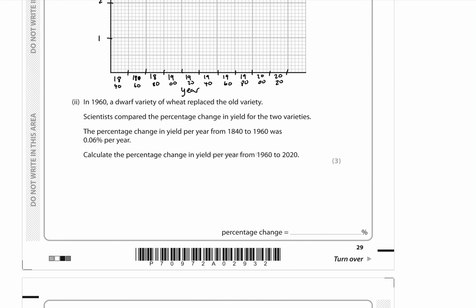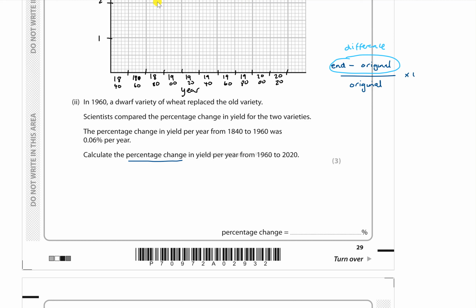Right, okay. So they're asking us to work out the percentage. This is quite a common question. Percentage change. So it's the end minus original. Another way of saying that is the difference between the two numbers.